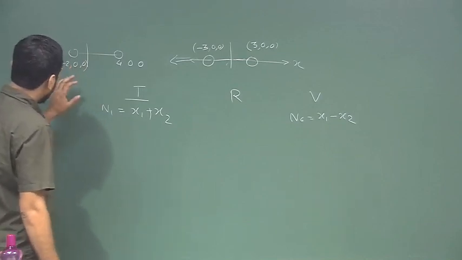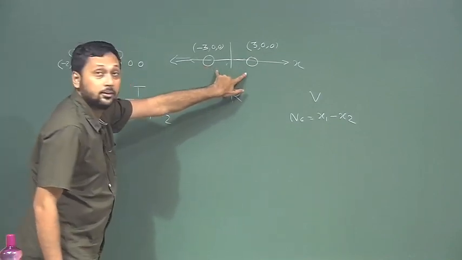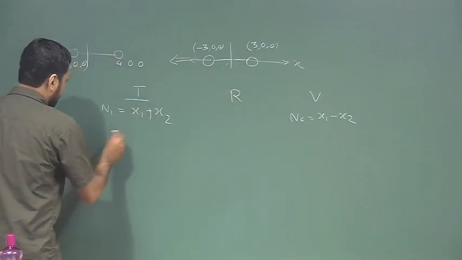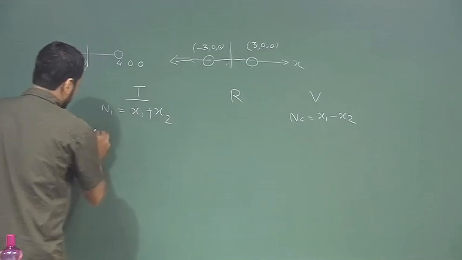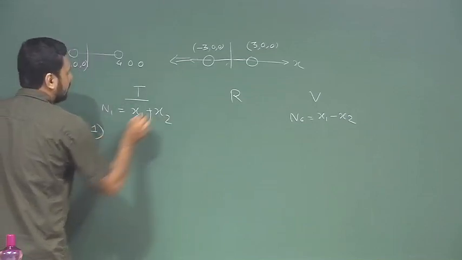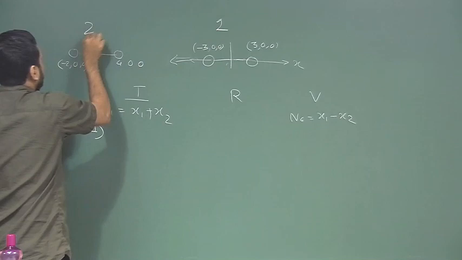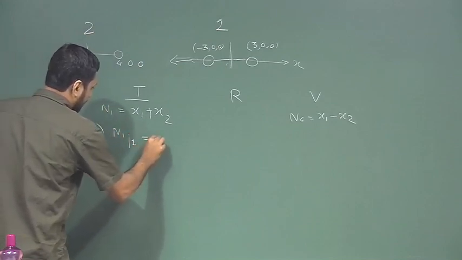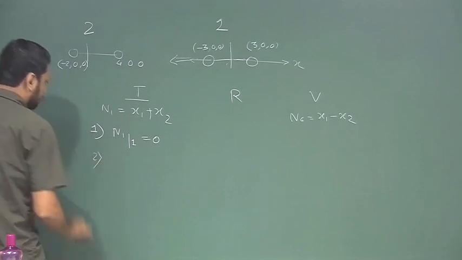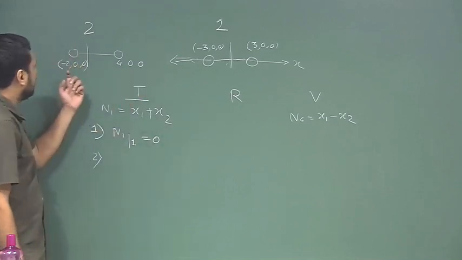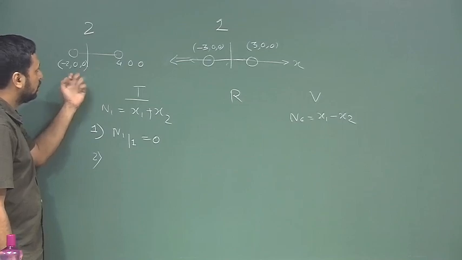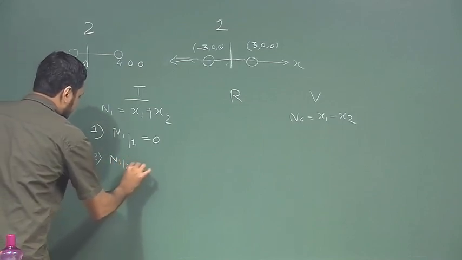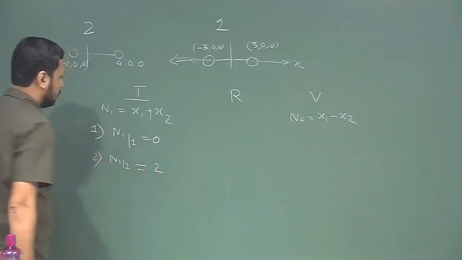When we were initially at position 1, what was the value of N1? N1 at position 1 was 0. Now at position 2 it is 4 minus 2, which is 2. So, it has changed.